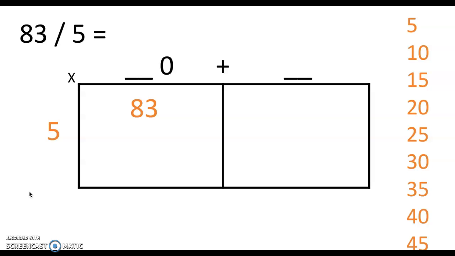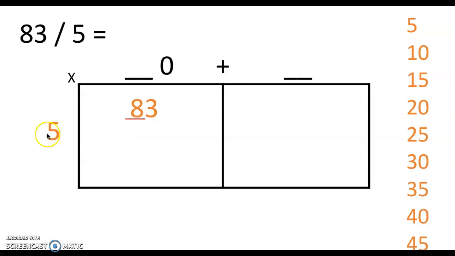We have 83, but remember, what place value are we starting in? The tens place. So go ahead and underline that 8 because it is in the tens place. And right now that's the only one we're going to worry about. So we're going to see what's the closest we can get to 8 without going over.